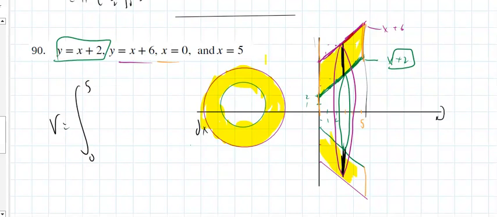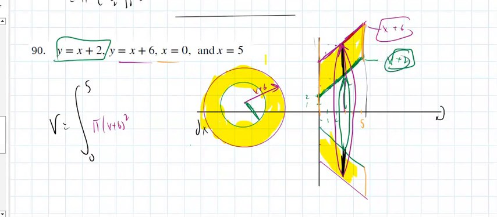Now, the outer, that distance is x plus 6. So the area of the whole thing is pi times x plus 6 squared. And the inner is the green.